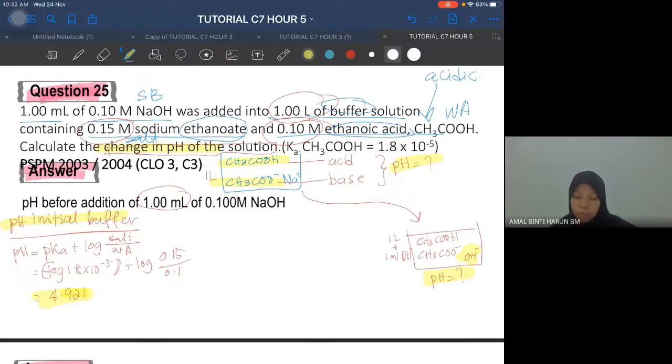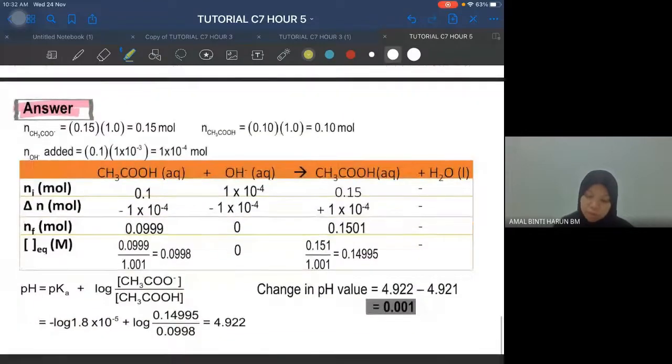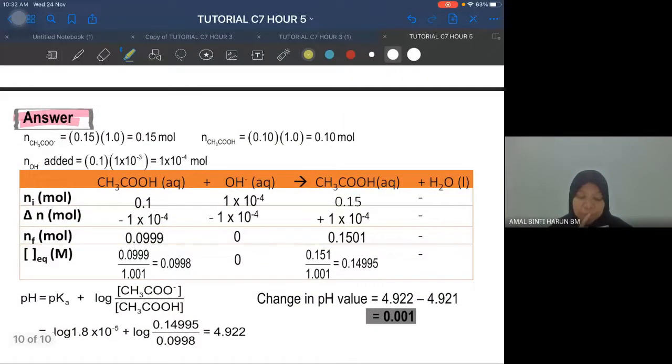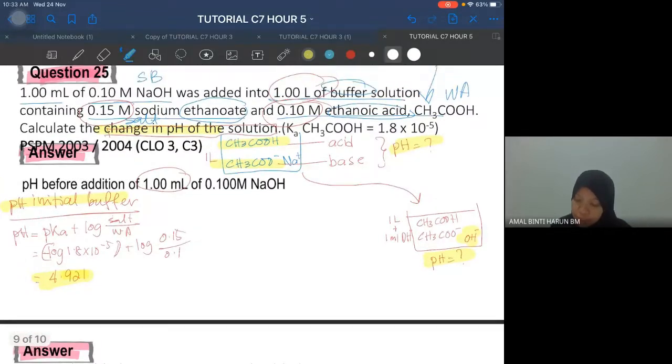Okay, so once we add, lama tak cukup okay ni. Once we add, volume dia dah jadi apa tadi? Volume dia dah jadi 1 liter plus 1 ml. So it will be around 1.001 liter.